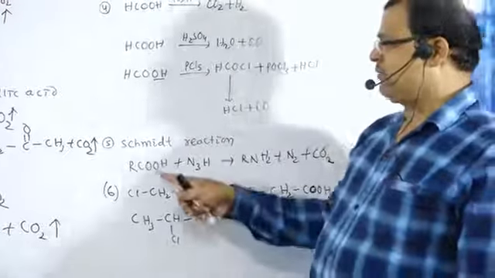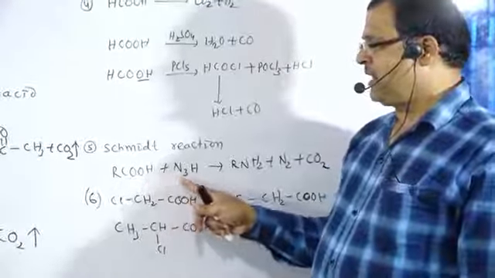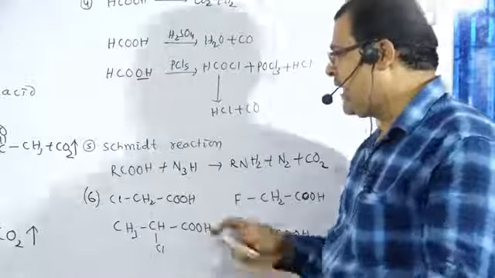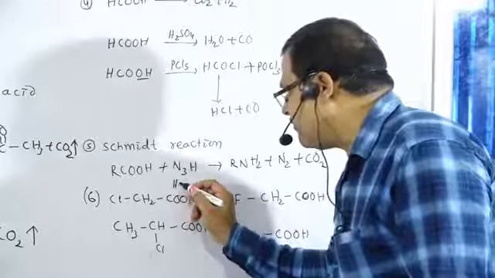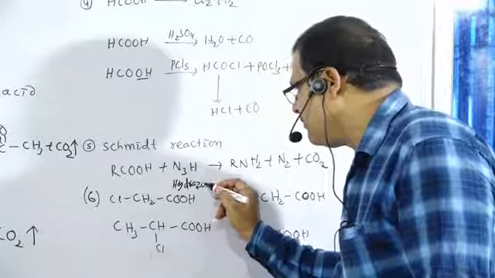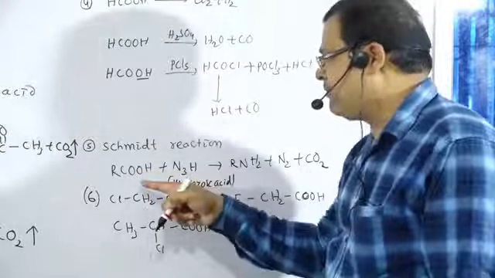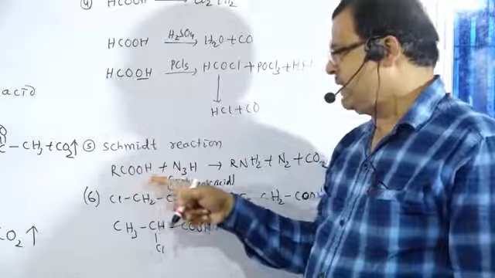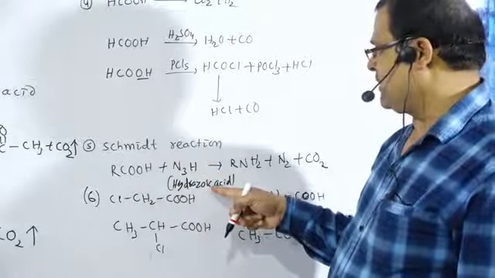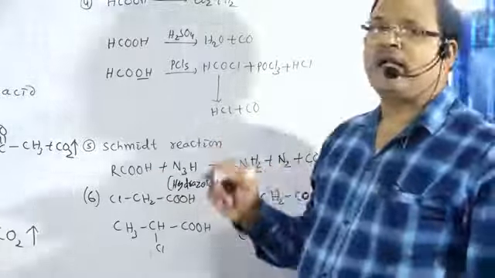So whenever a carboxylic acid, RCOOH, is treated with N3H, known as hydrazoic acid, then there is the formation of an amine with one carbon atom less.